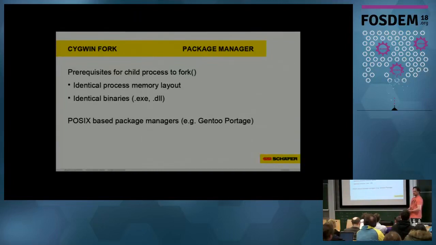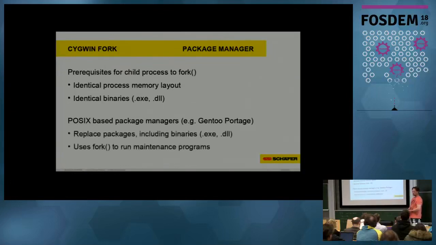But this works only if the binaries are identical. On the other hand, the package manager's job is to replace even those binaries, actually replacing whole packages including the binaries, while still using fork to run maintenance programs. So you see the gap so far?